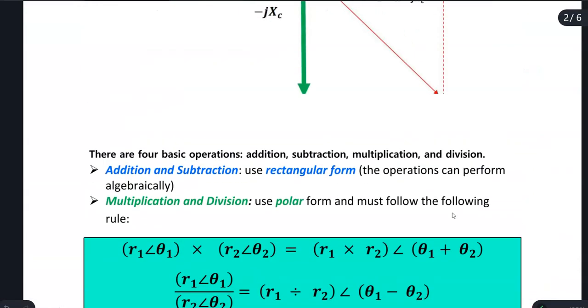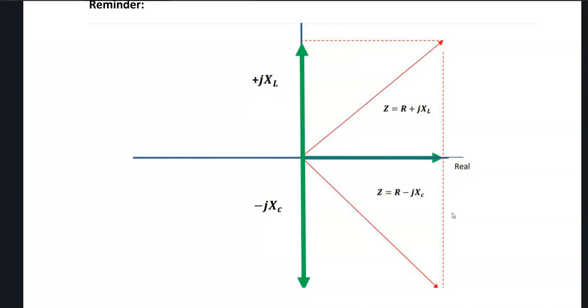We also learn the mathematical models of an AC RLC circuit, and this mathematical model is presented to you in rectangular form because it's easier for you to visualize. And then from the rectangular form, you can convert that into your polar form.